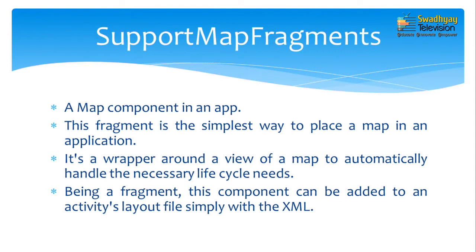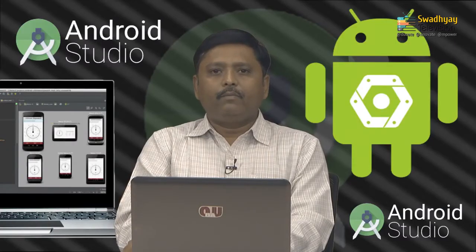Here we place a fragment object for displaying the map. It is a wrapper around a view of map to automatically handle the necessary life cycle, and being a fragment, this component can be added to an activity's layout file with XML as usual. So, this is all about support map fragment.